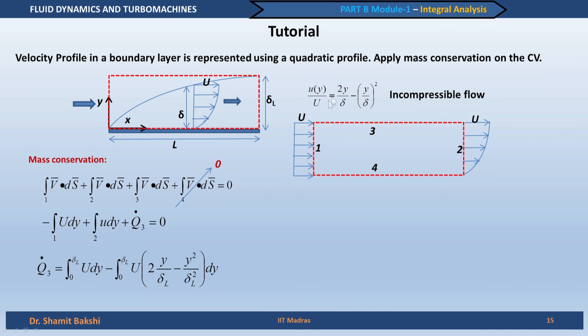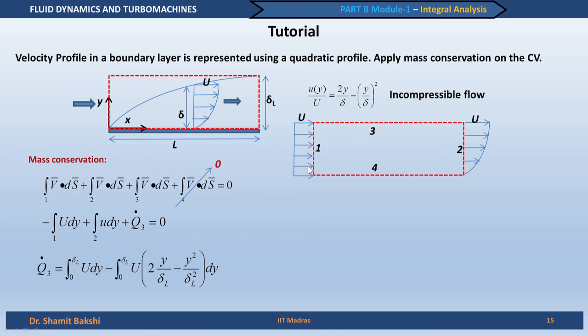So, u is equal to capital U multiplied by this, dy. This expression is quite useful, because it is also useful to find out the volume flow rate through a surface where the velocity is not constant, but varying along the surface. If that is the case, then you can directly plug in the component of the velocity and integrate.